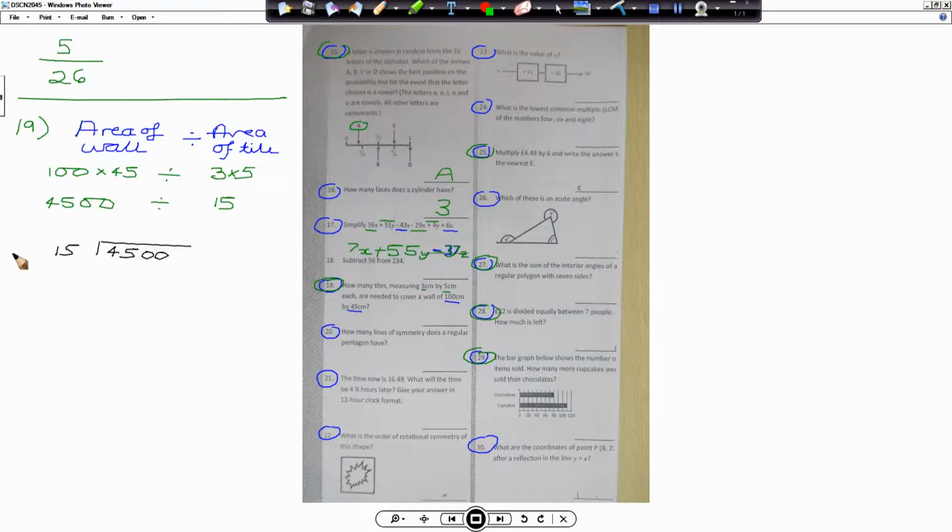So now we can say how many 15s in 4,500. How many 15s in 4 is nothing, remainder 4. How many 15s in 45 is 3. How many 15s in 0 and 0? So the final answer is we will need 300 tiles. Now, question number 20. Let's change to question number 20.